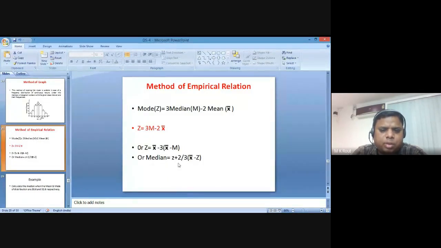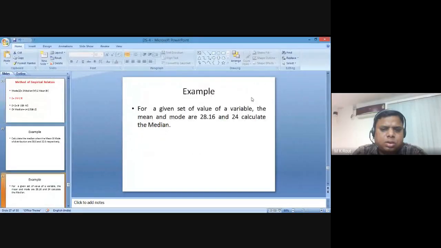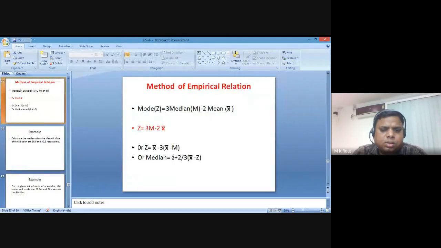It is a simple formula. What is the value of mode here? Mode is given 24 and mean is 28.16. Put the data in the formula and get the answer.